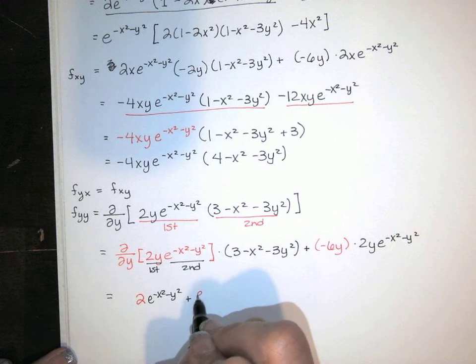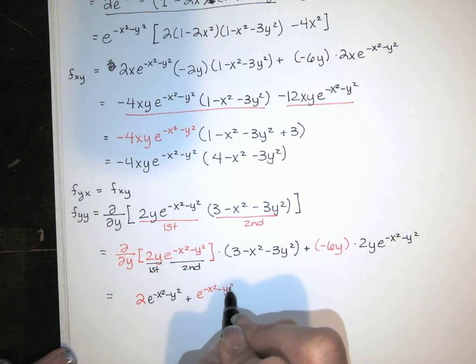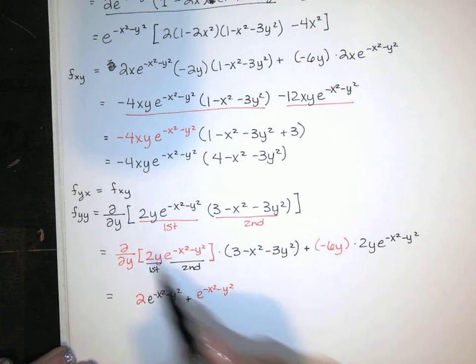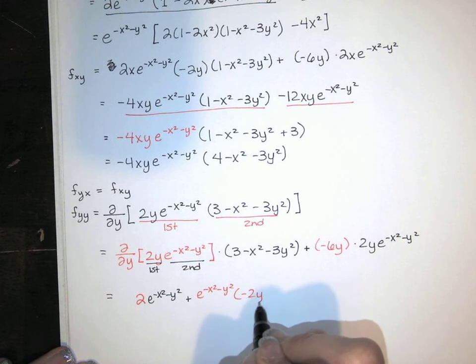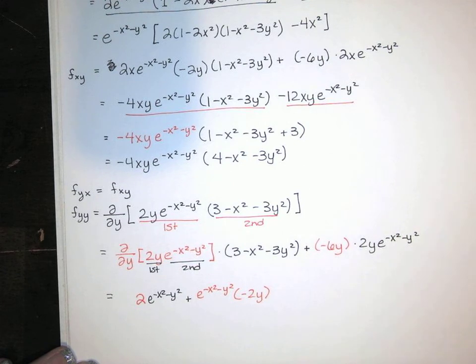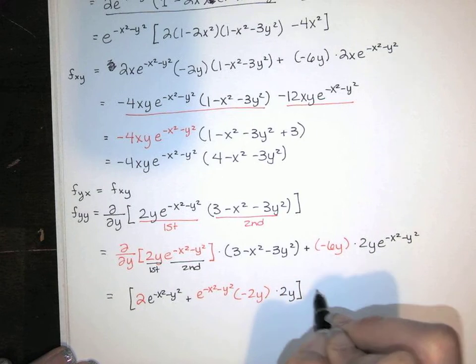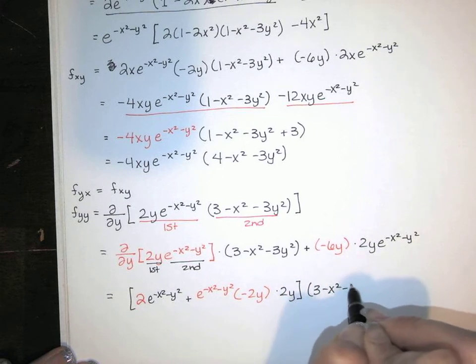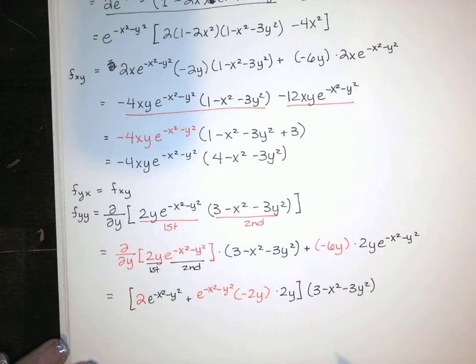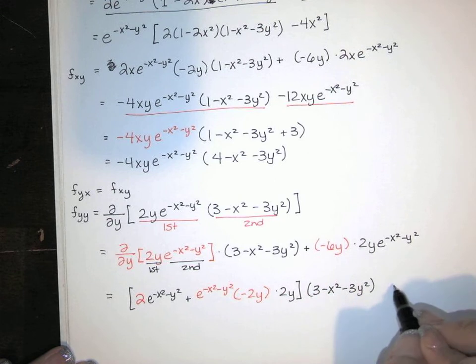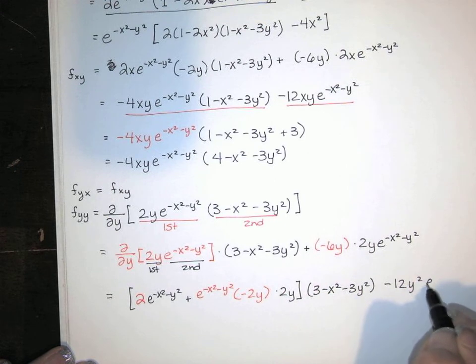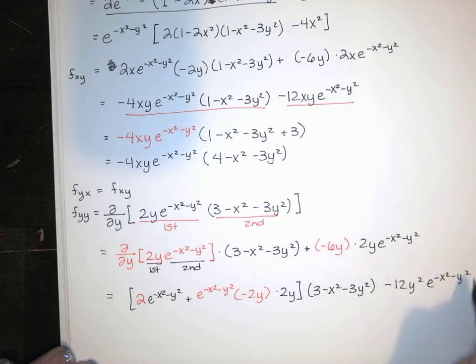Derivative of e to some power is e to that power times the derivative of the inside with respect to y. It's negative 2y. Times the first, it's a 2y. All of that is getting multiplied by 3 minus x squared minus 3y squared. And we will subtract 12y squared times the exponential over here.